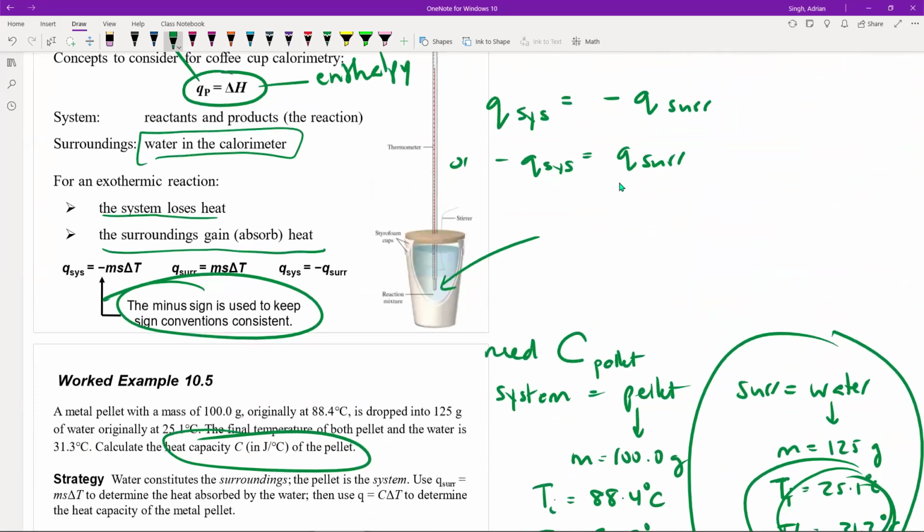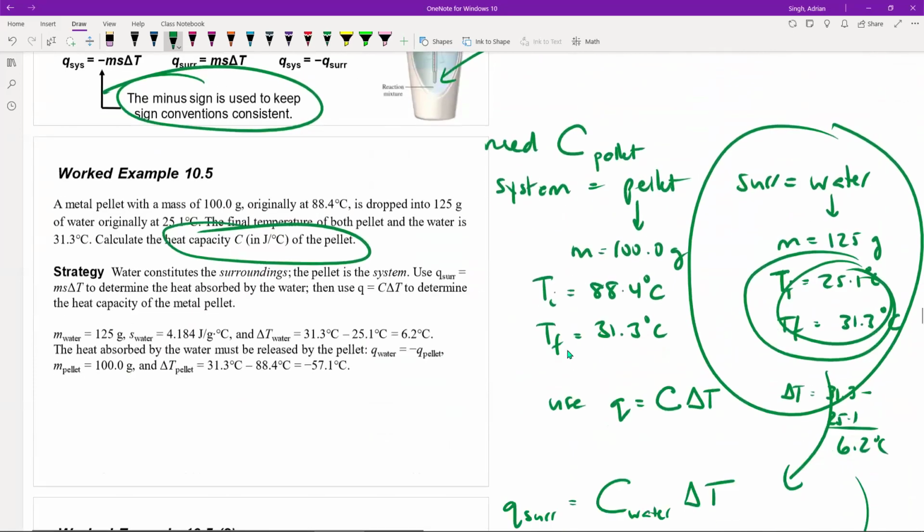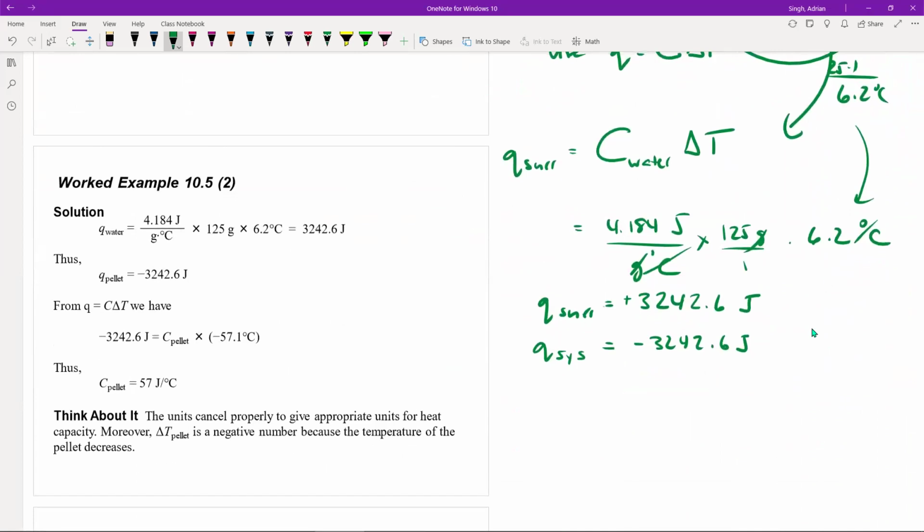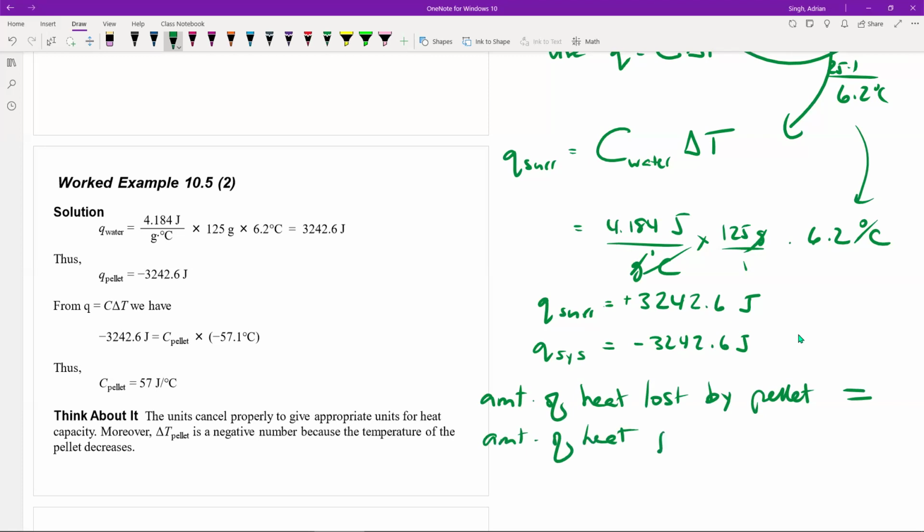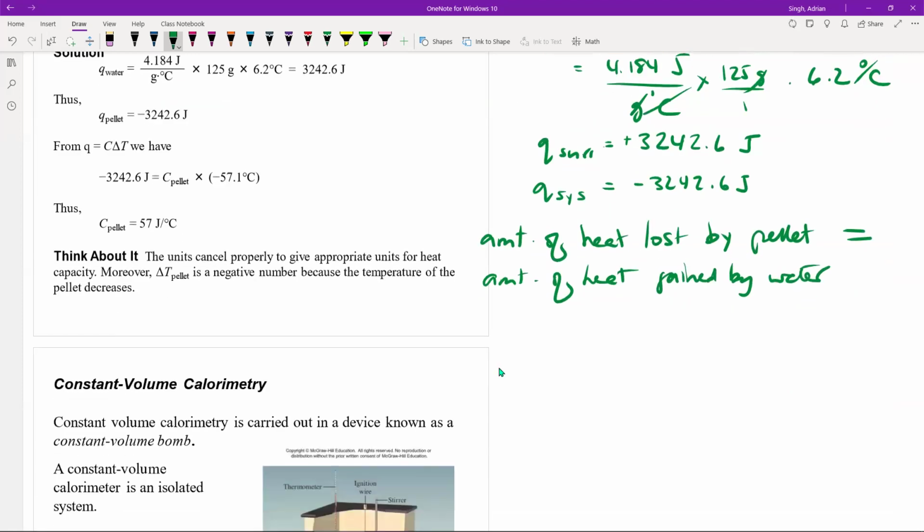We're making that equality because we know the amount of heat lost by the pellet would be equal to the amount of heat gained by the water.